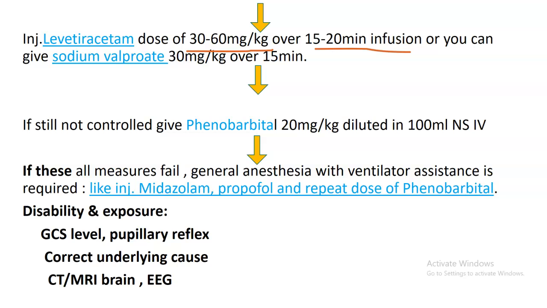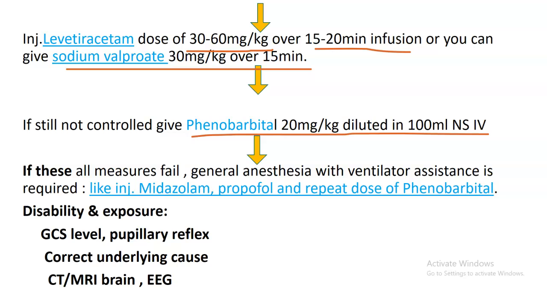If your institution goes toward sodium valproate, you can give a dose of 30 mg per kg over 15 minutes. Let's suppose you have tried this and still failed, still not controlled. Then you can give the patient phenobarbital 20 mg per kg diluted in 100 ml normal saline IV; phenobarbital will be our choice after the mentioned medications.